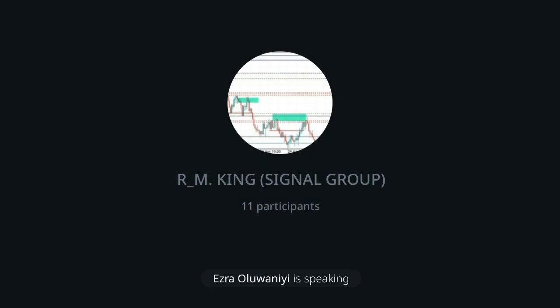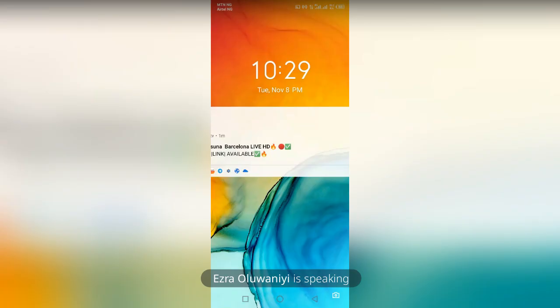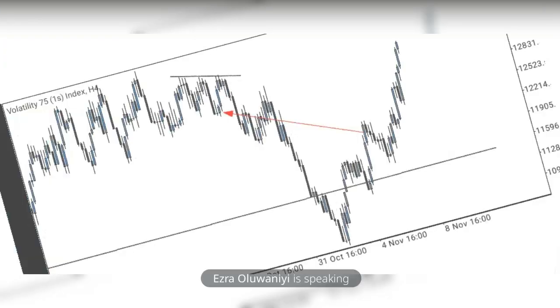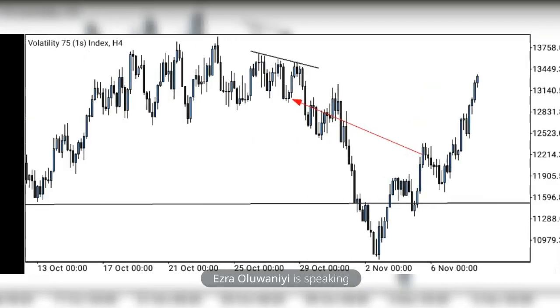But there are various types of liquidity in the market. There is trend line liquidity, the ones that everybody says touch around trend lines. Have you traded trend lines before? Yes, sir. All right, so those kinds of liquidity are trend line liquidity.